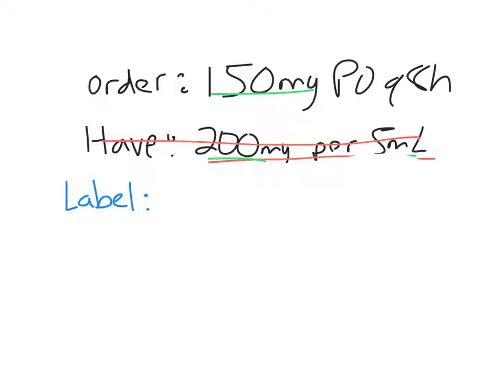So let's say the label says that patients can take 10 to 15 milligrams per kilogram each day. Okay, so there's our safe range, and because it says milligrams per kilogram, it's on the label, so it's for anybody who's taking this medicine. You just have to incorporate each patient's body weight.